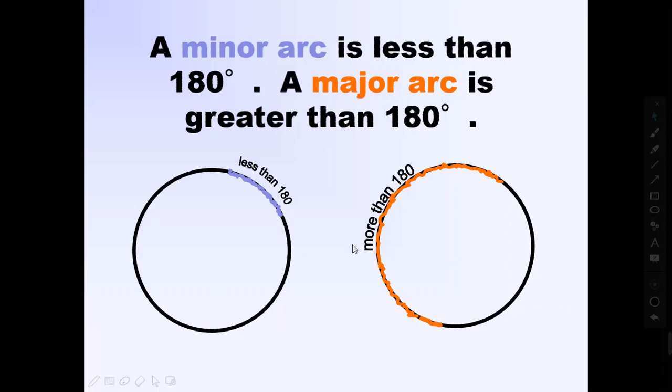For example, this one you can see the arc is super long. It's more than half of the circle, so that's definitely bigger than 180 degrees, so we call that a major arc. For this little one, it's definitely smaller than half of the circle, so it's smaller than 180 degrees, so we call that a minor arc.